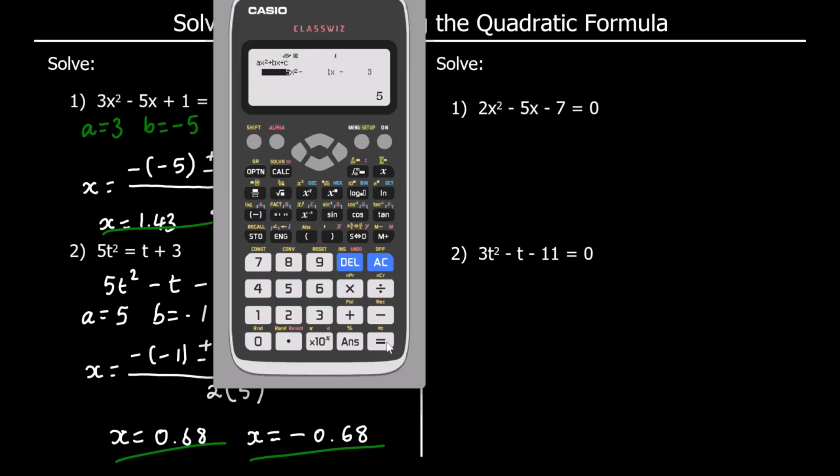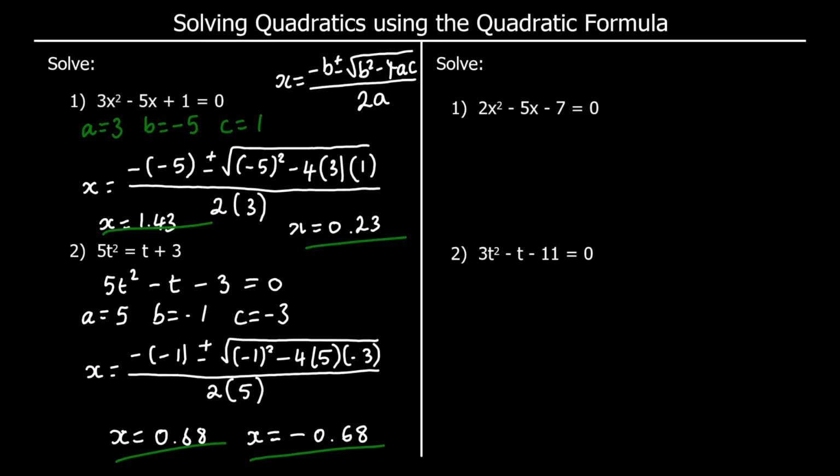So the first one, a is 2, b is negative 5, and c is negative 7. So we should have 3.5 and negative 1. We've got whole answers. So x is 3.5 or x is negative 1.